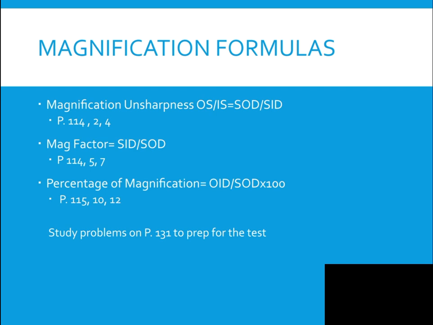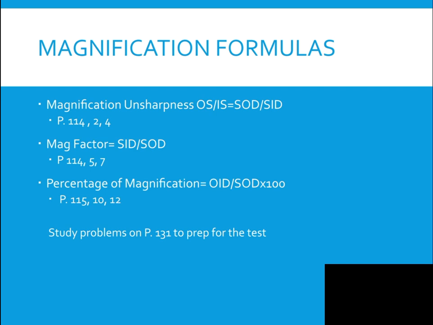So you can flip this whole thing over, remembering that to solve for a ratio type problem, all you have to do is cross multiply and then divide out and isolate the unknown. So your object size times your SID is one of the things that you're going to be multiplying, and your image size times your SOD.